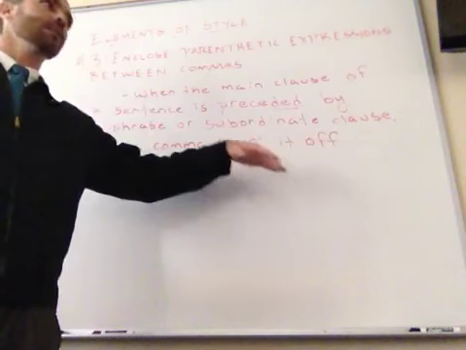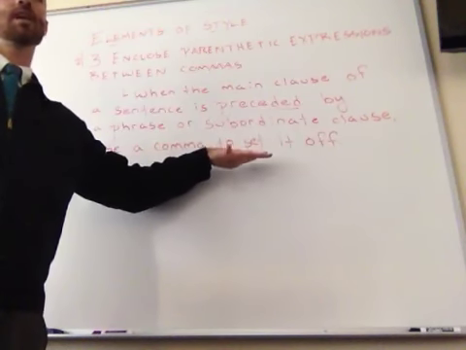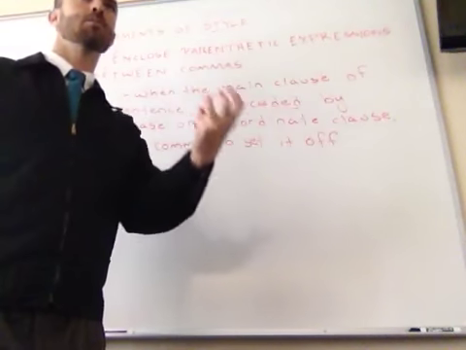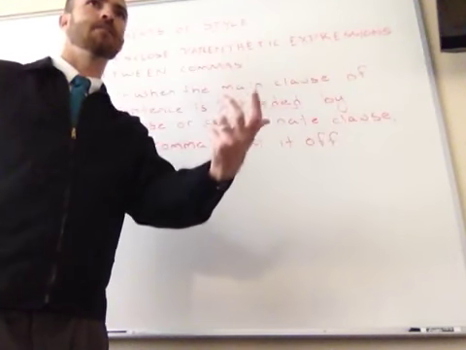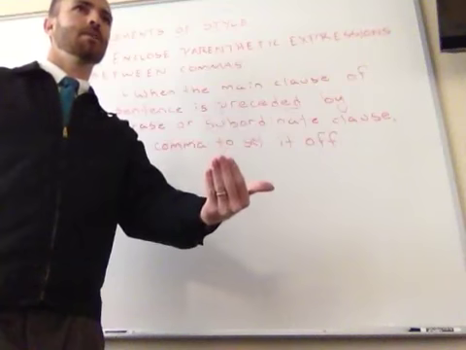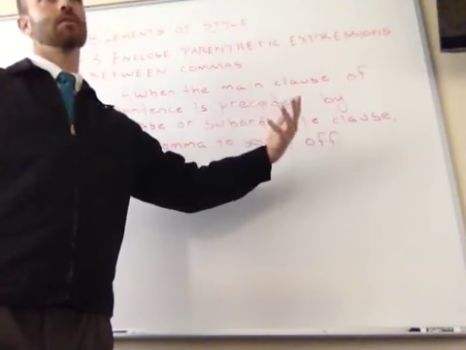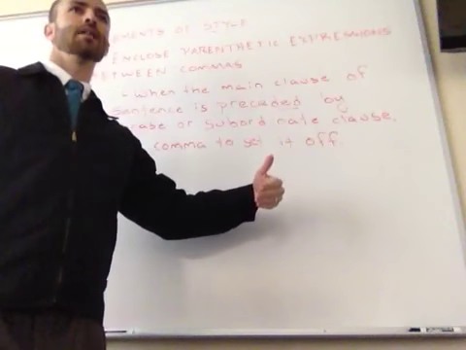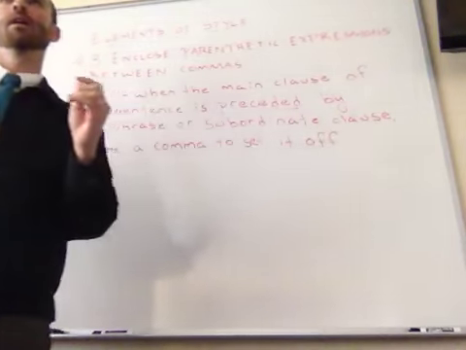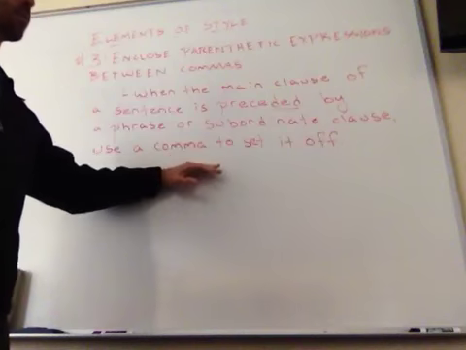If the independent clause, also known as the main clause, begins the sentence, you don't need to set it off from the subordinate clause, right? Because if you think about it, the word subordinate means underneath or like after, right? So if it's after the main clause, it's in the right place. You don't need a comma. If it is before it, you do need a comma because it's technically out of place. So that's why we say you use a comma after a subordinate clause that precedes an independent clause. So that's one example.